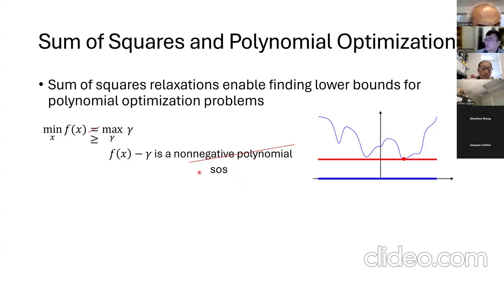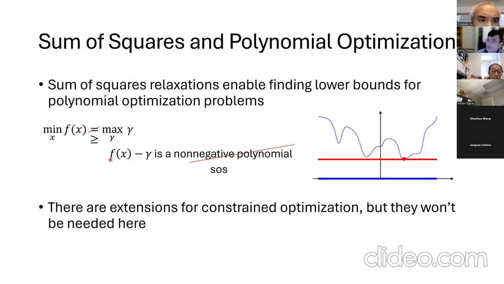Of course, because sum of squares polynomials are only a subset of the non-negative polynomials, we have to replace this equal sign with a greater than or equal sign. There are questions about when it's exact, but at the end of the day, this is the core behind sum of squares optimization. There are extensions for constrained optimization. I'm going to briefly mention them, but we're mostly going to be looking at unconstrained problems here.